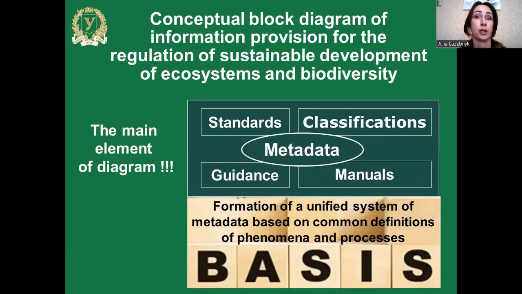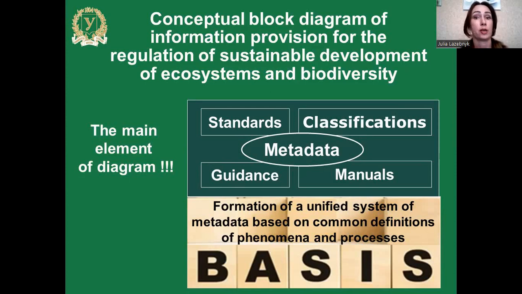In order to achieve this goal, a conceptual block diagram of information provision for the regulation of sustainable development of ecosystems and biodiversity was shown in our research. It characterizes the structure and sequence of operations aimed at justifying management decisions.